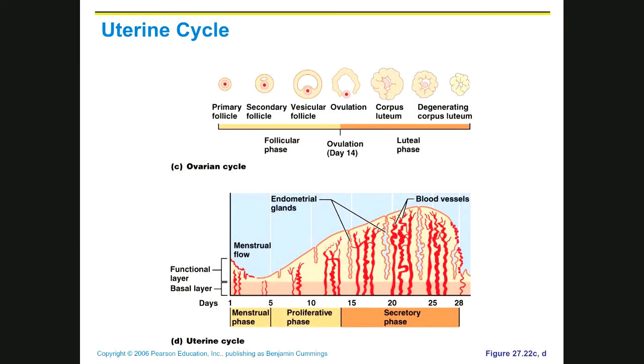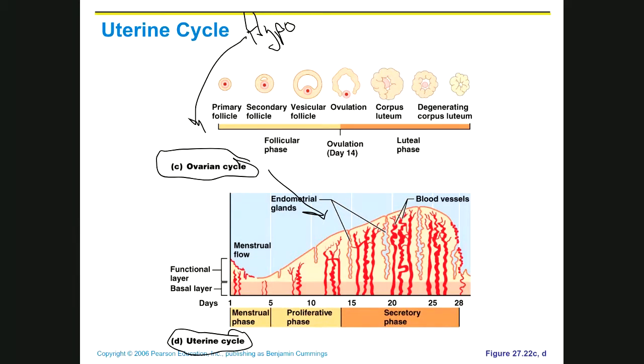So this ovarian cycle controls the uterine cycle. And remember, the hypothalamus and pituitary are going to control the ovarian cycle. And so they're all connected to each other.